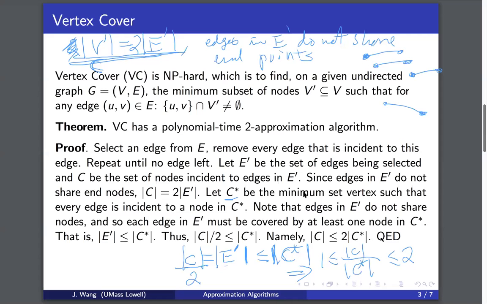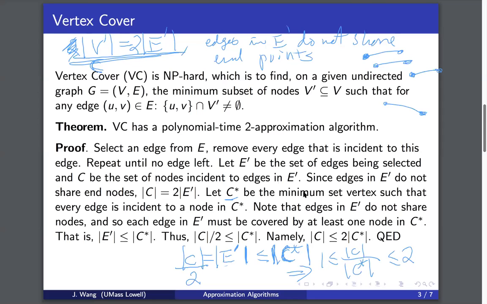Now this looks pretty straightforward. So now let's go back to see how we can come up with this. How can we make a connection with C, with the optimal solution? We don't know what it is, but then the approximation solution we constructed, we can use that to make a connection to the optimal solution, because the approximation is a set of edges we constructed, and they are independent.